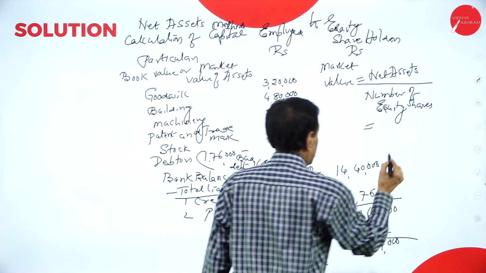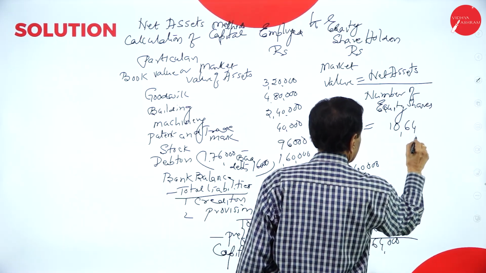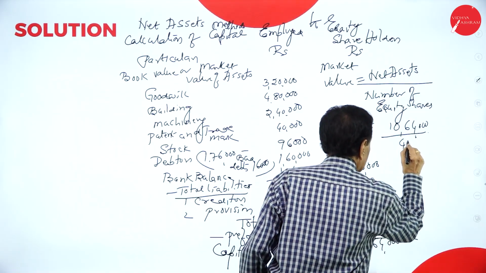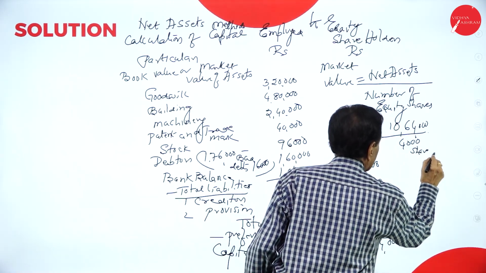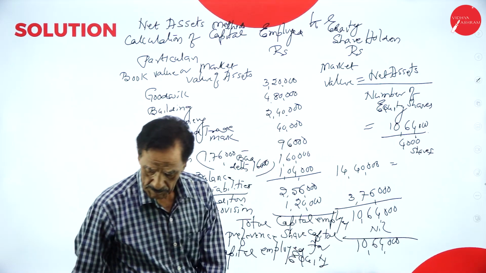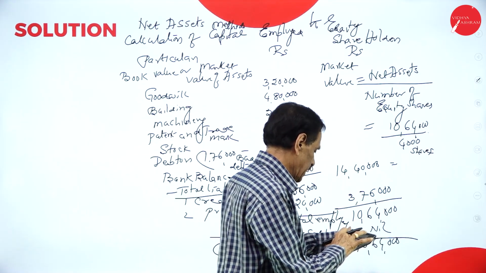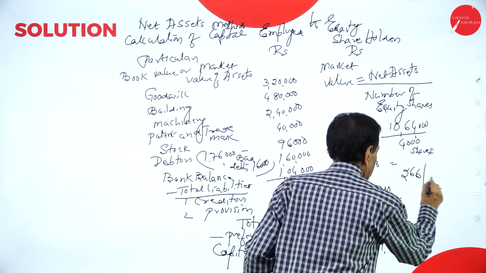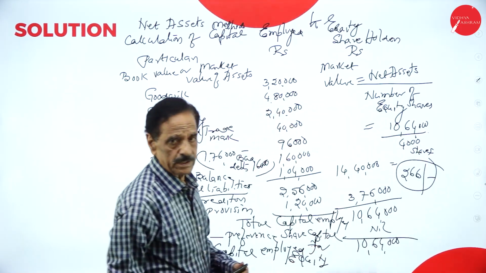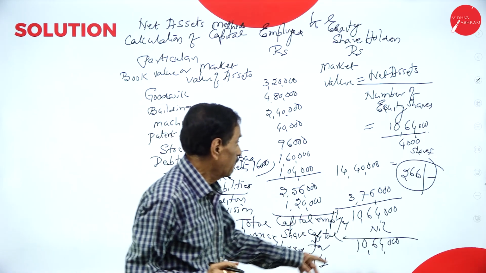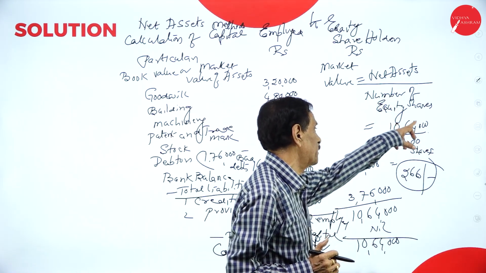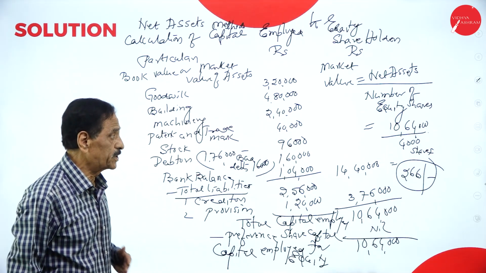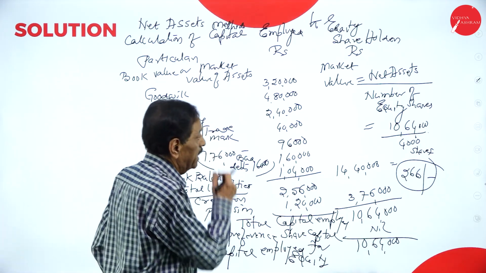It is 10,64,000 divided by 4,000, which gives 266 per share. 266 is the share value under the net asset method. Valuation: net asset divided by the number of equity shares, 10,64,000 divided by 4,000 shares works out to 266. It will go in favor of the net asset method.